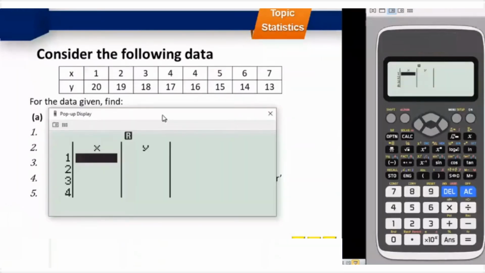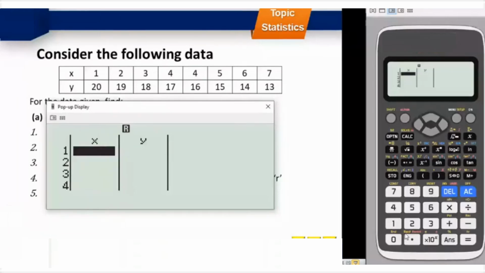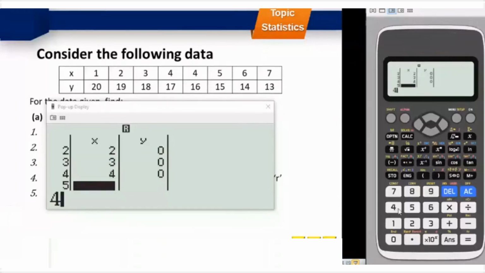1 is equals to, I'm first writing all X values. 2 is equals to, 3 is equals to, 4 is equals to, 4 again, 5 is equals to, 6 is equals to, 7 is equals to.